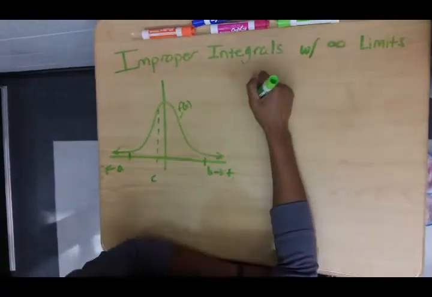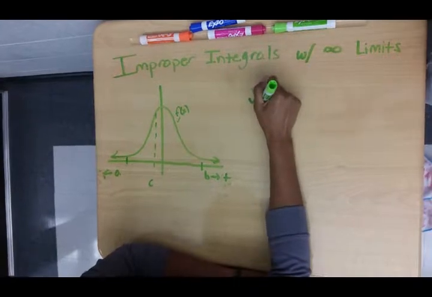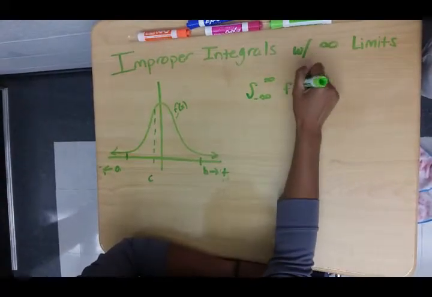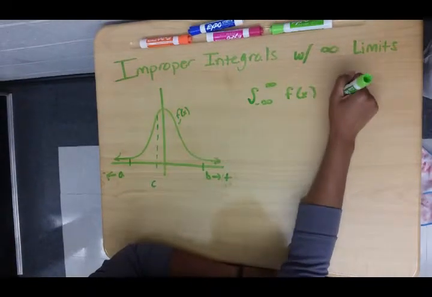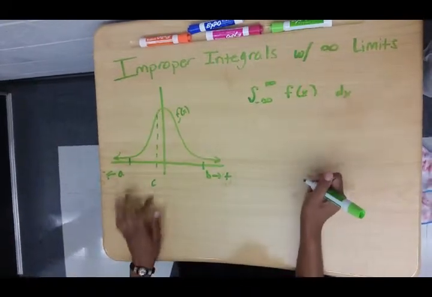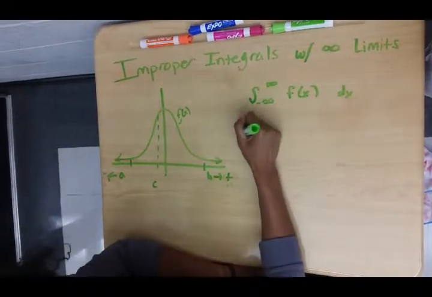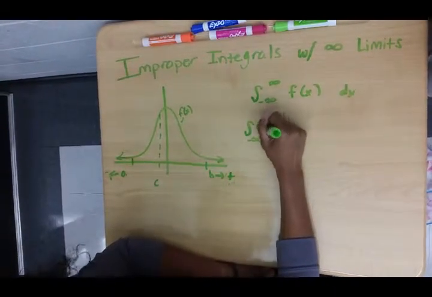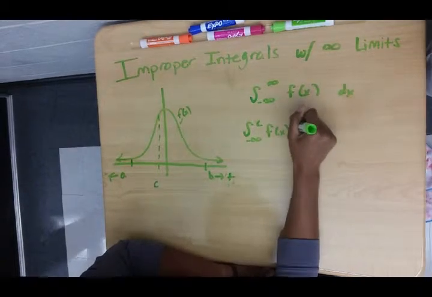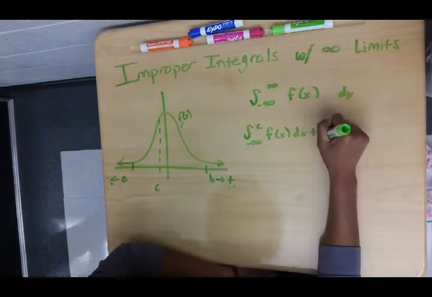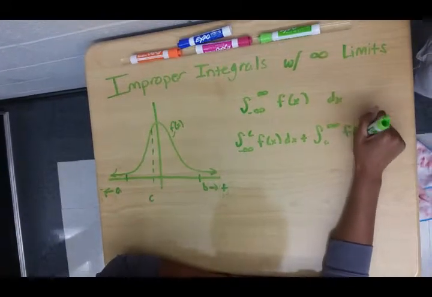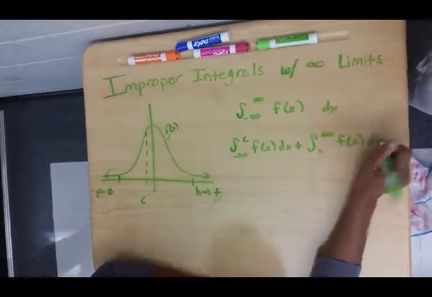And so by doing this, originally it was the integral from negative infinity to infinity of f of x dx, correct? But now since I inserted the c, I can put the integral from negative infinity to c of f of x dx plus the integral from c to infinity of f of x dx.